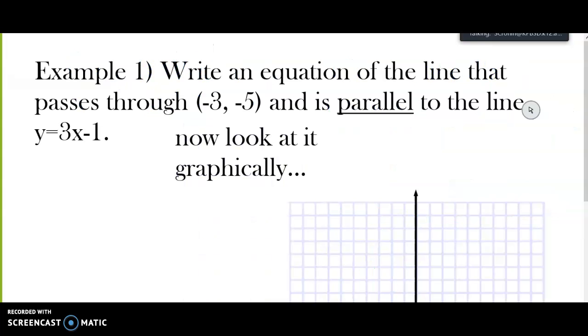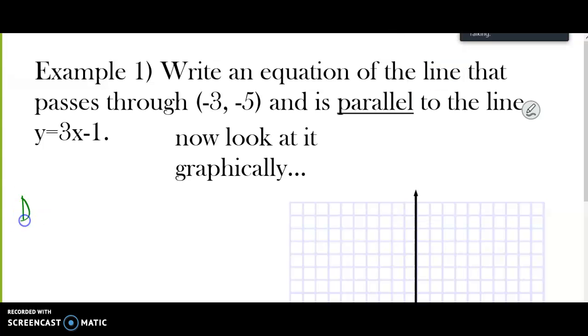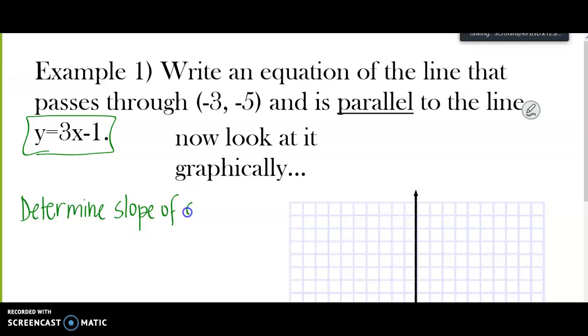Write an equation of a line that passes through (-3, -5) and is parallel to the given line. So what is the slope of the given line? It's 3.